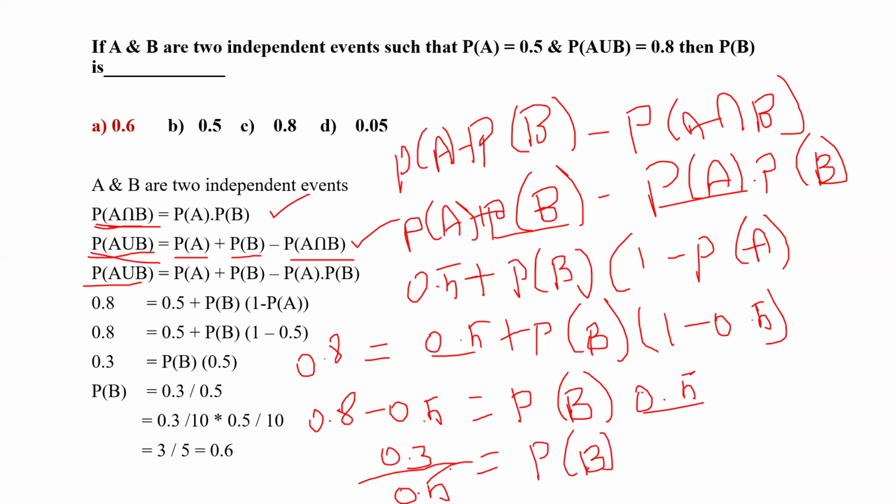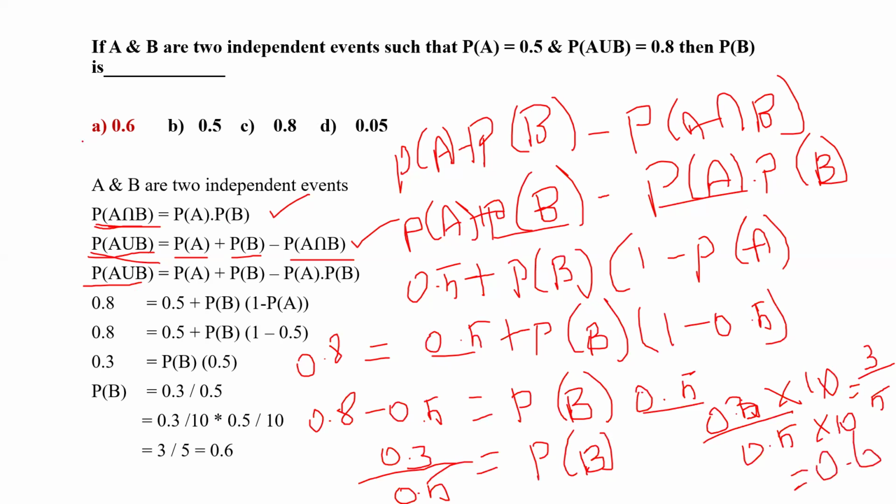Multiplying 3 into 0.5 by 10, the value will be 3 by 5, which is 0.6. So this is the 0.6 value. Already we have given everything, this is the calculation, but I told you the working because it will be better and we can understand.